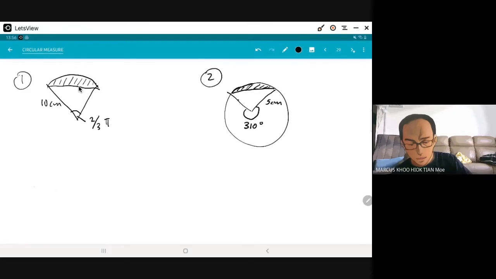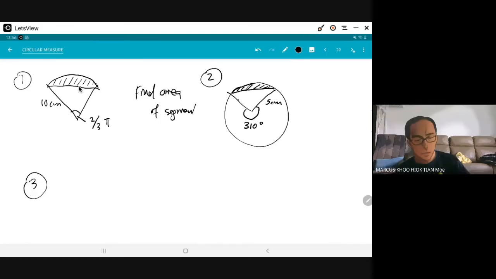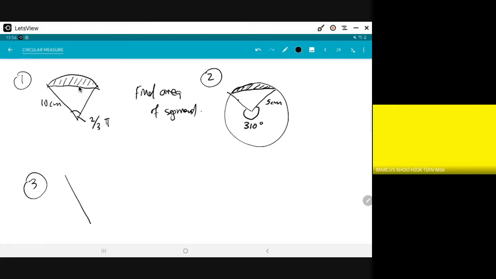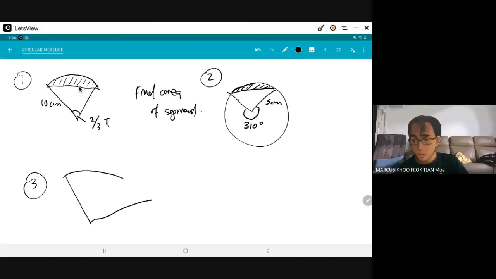Okay, and then the third one. So this one is find the area of segment. Okay, the last one. So ugly, my goodness. Number 3 is a slight challenge, but we'll try.